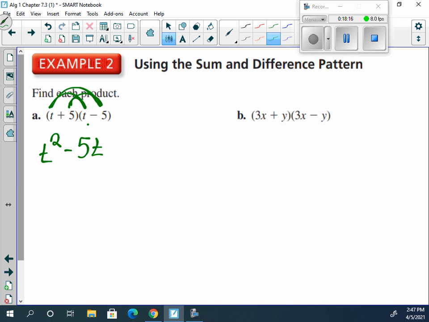Now when we do the second set, 5 times t is going to be plus 5t. And our last one, 5 times negative 5. Positive times a negative would be a negative 25.